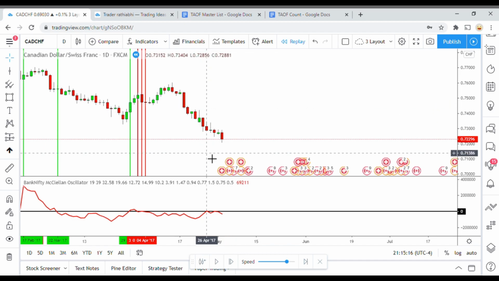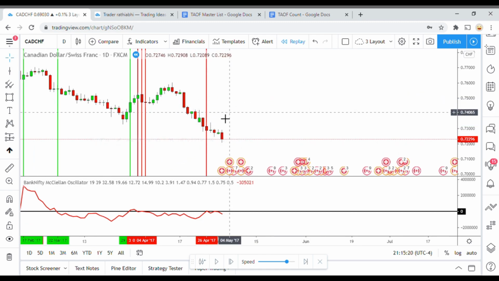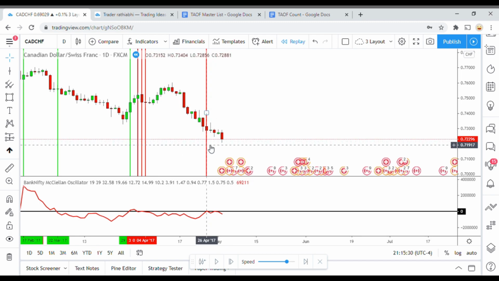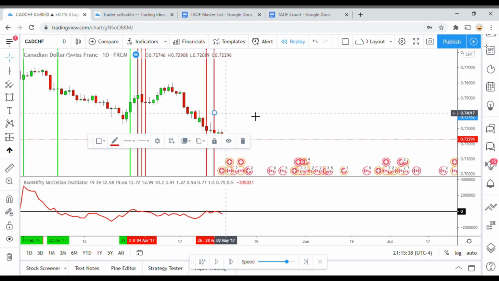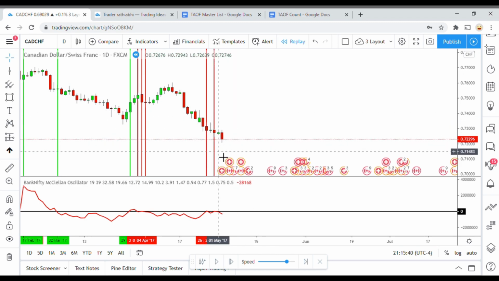Let's see here. So it throws a long signal right there, then a short right here. Nope, hold on. Let's back up. So long signal there, short right here, right back into a long right there, right back into a short.